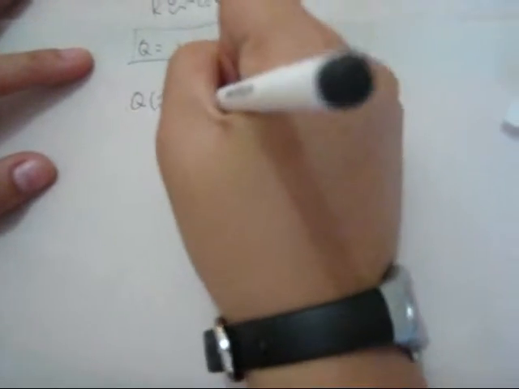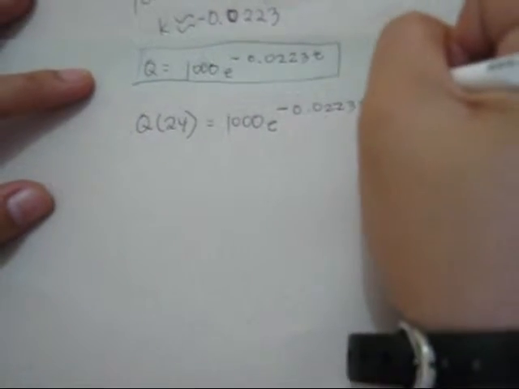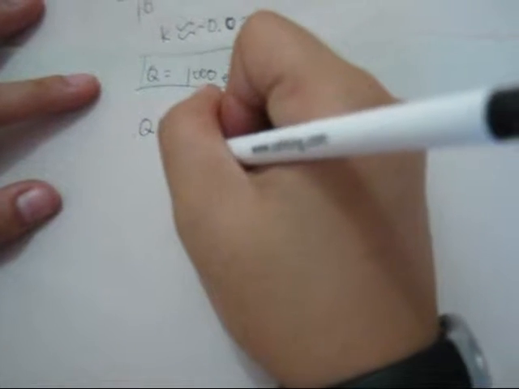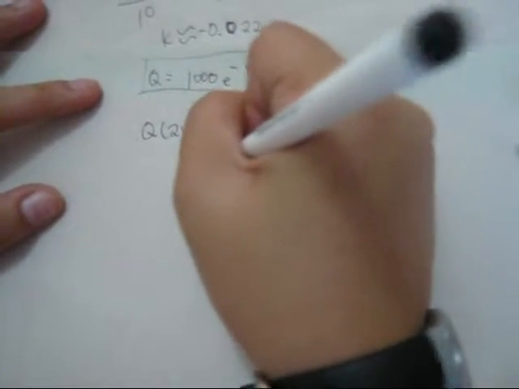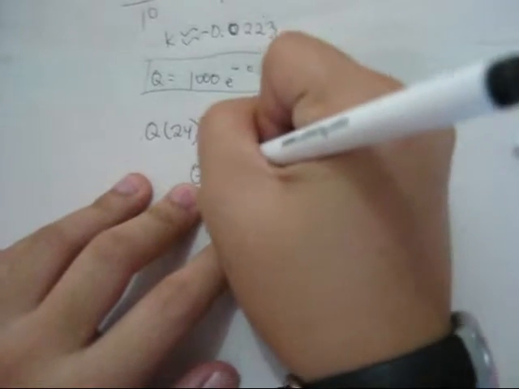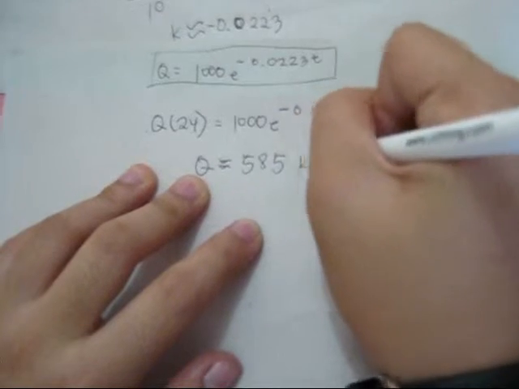So Q of 24 is 1,000 e to the negative 0.0223 times 24. Using our calculator, we get Q is approximately 585 kilograms.